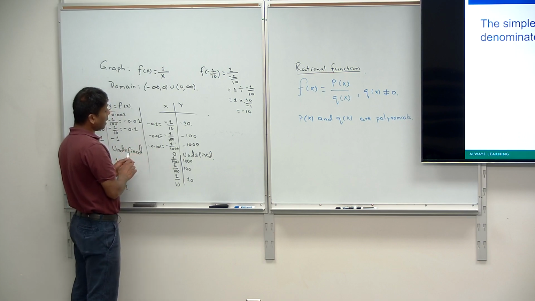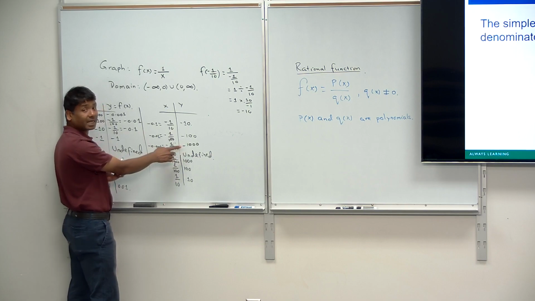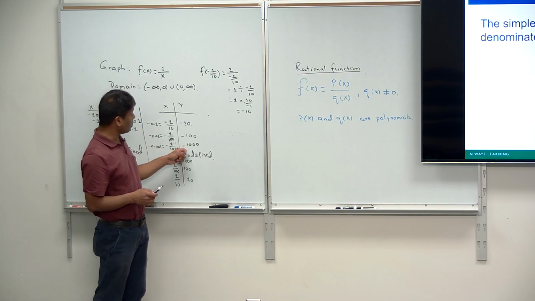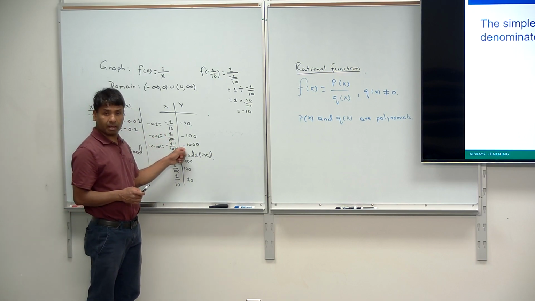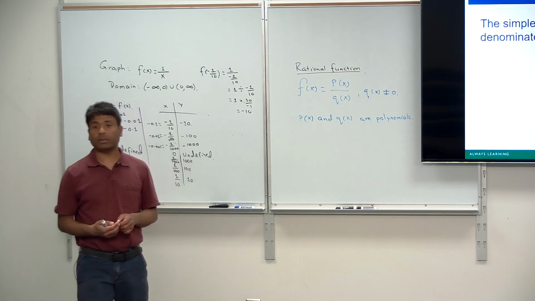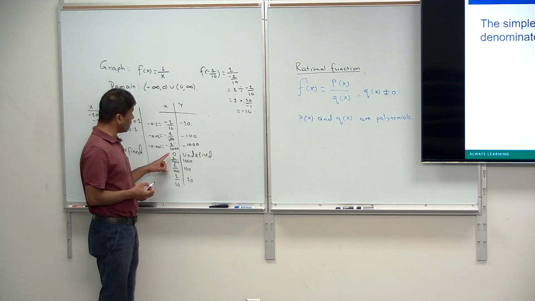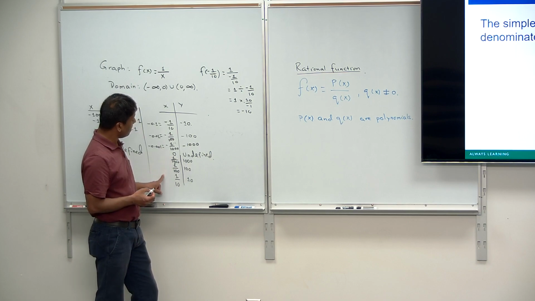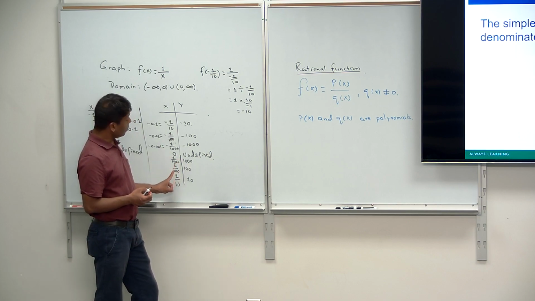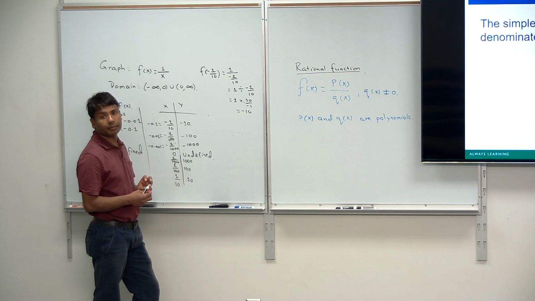As you approach 0 from the left, your y value approaches negative infinity, or a very, very big negative number. But as x approaches 0 from the right, your y value approaches a very, very big positive number. That makes sense?